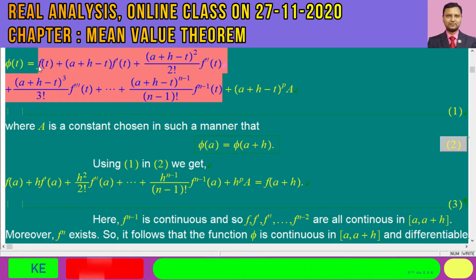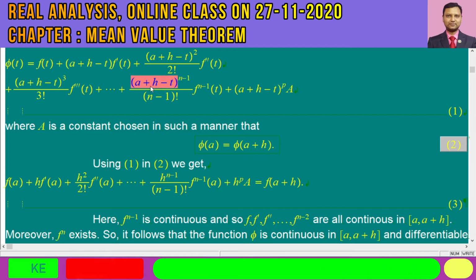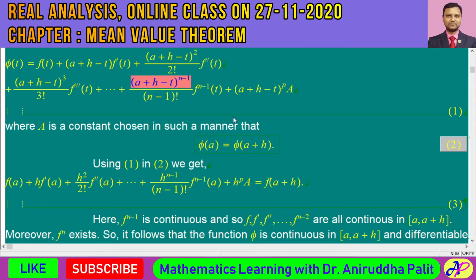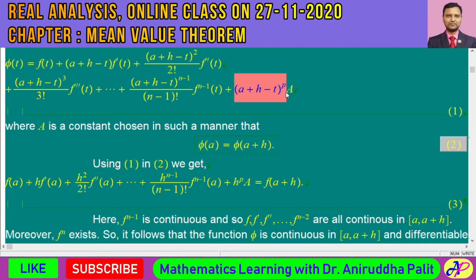These are all continuous functions, and we know that a plus h minus t, or a plus h minus t square or t cube, whatever you consider, are actually polynomials. If you expand them in powers of t, you will get polynomial functions, and all these polynomial functions are continuous and differentiable.